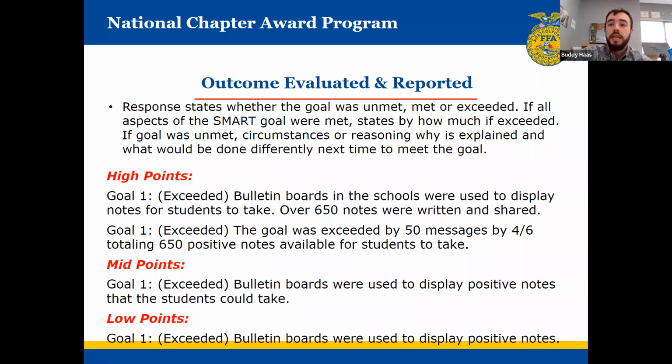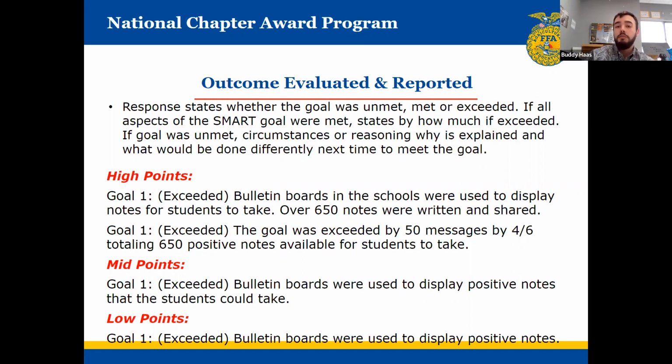So what they're saying is, if the goal was met, it states that all aspects of the SMART goal were met. If it's exceeded, it states by how much it exceeded. And if the goal was unmet, it should state the circumstances or reasoning why it was unmet and what you would do differently next time to meet the goal.